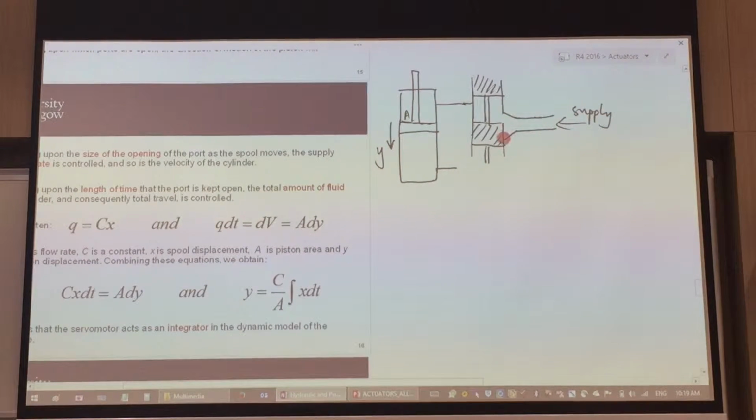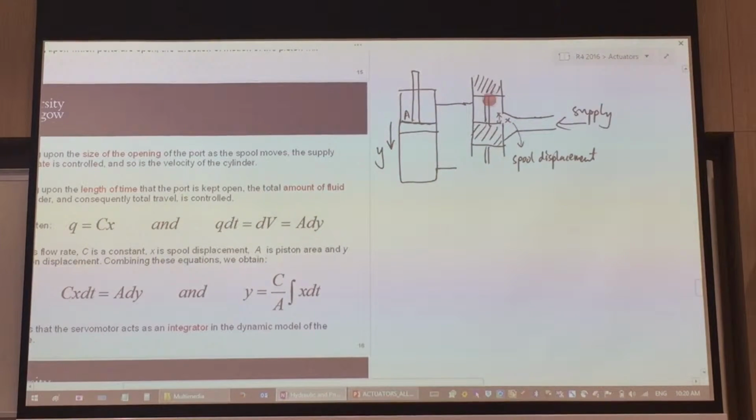So your spool will move up or down in that way, depending on the armature. So this distance over here, that distance, I call it X. And this X is what we call the spool displacement. So the spool displacement, originally in the neutral position, your X would be 0.